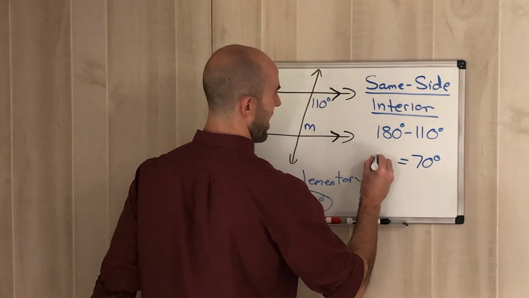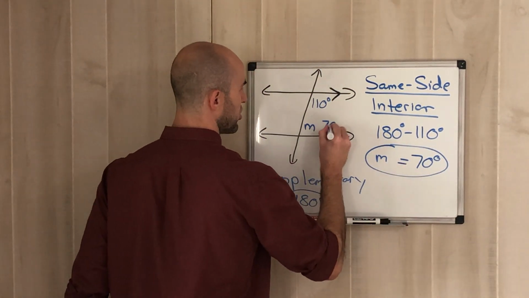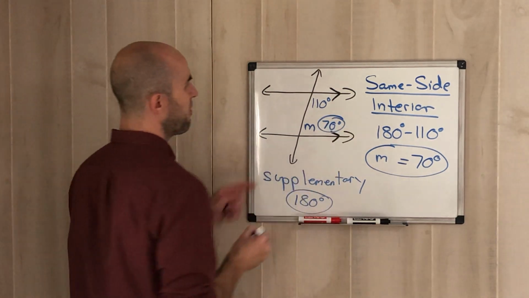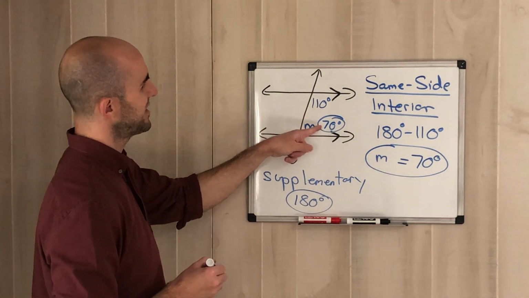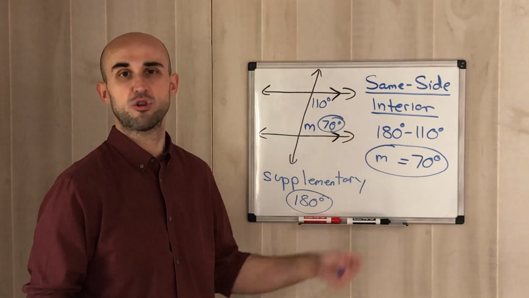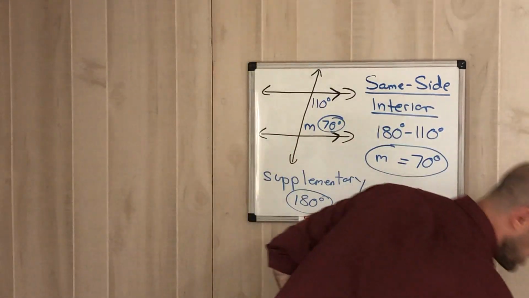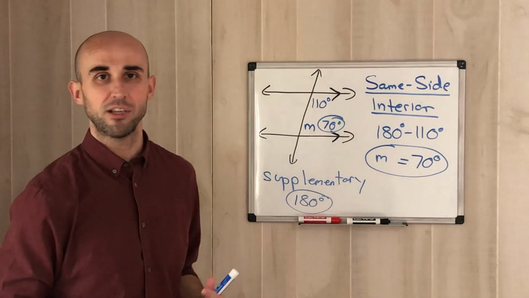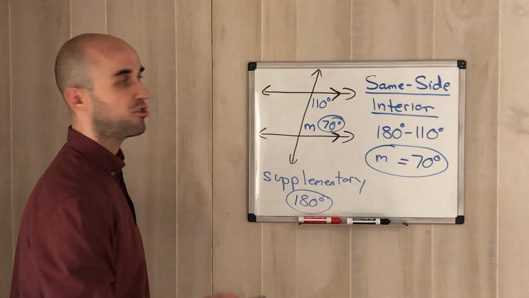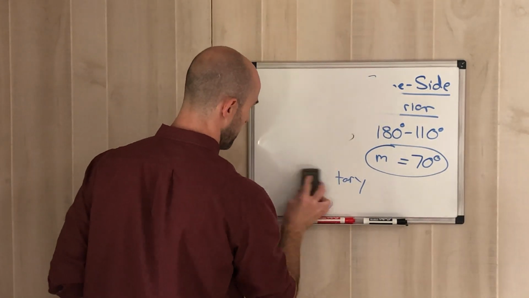We know that M is 70. To check it, which is always easy to do, we add up 70 with 110, and those two add up to 180, which means what we said is true. Always remember, the only one that's different is same side interior. Same side interior is always supplementary. All the other angle relationships are always congruent to each other. They're always going to be the same.